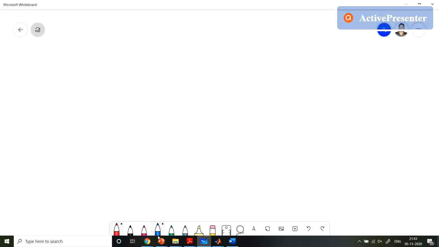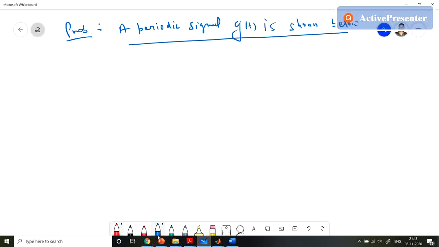A periodic signal g(t) is shown below. So g(t) is given.